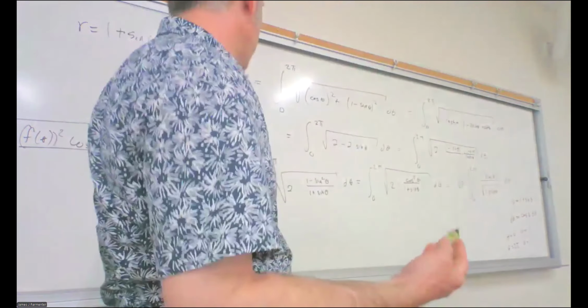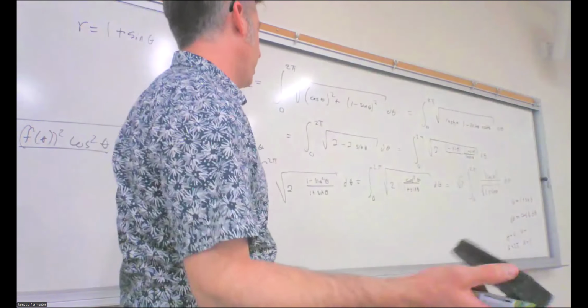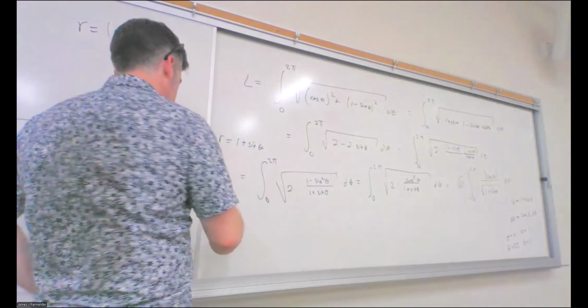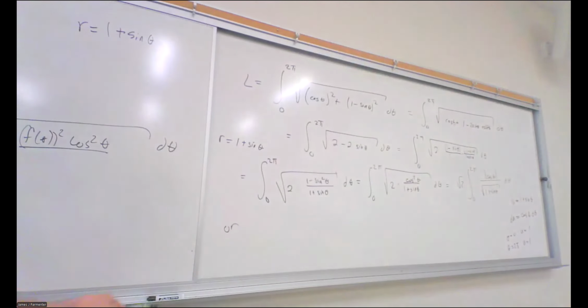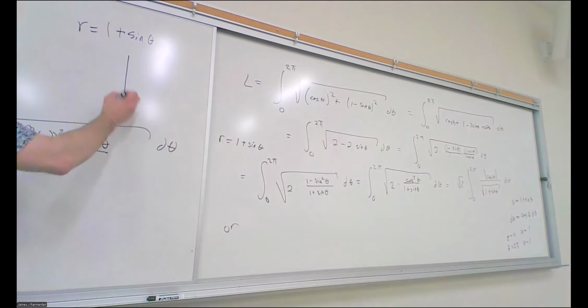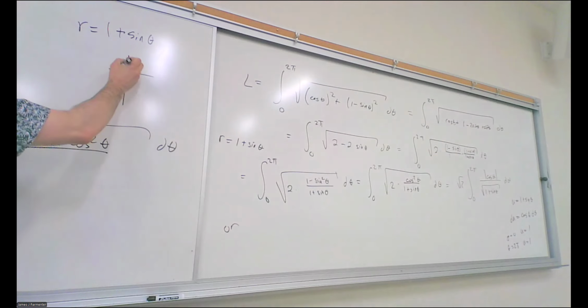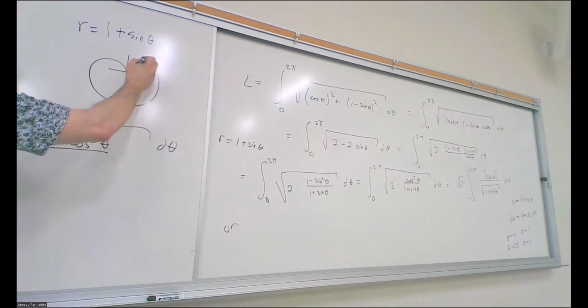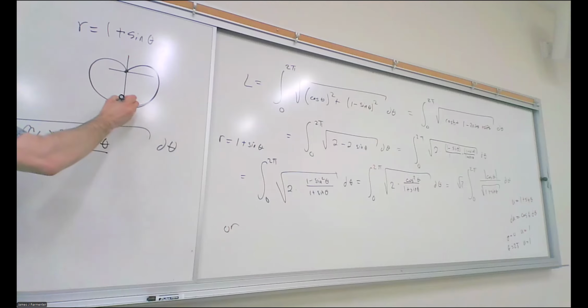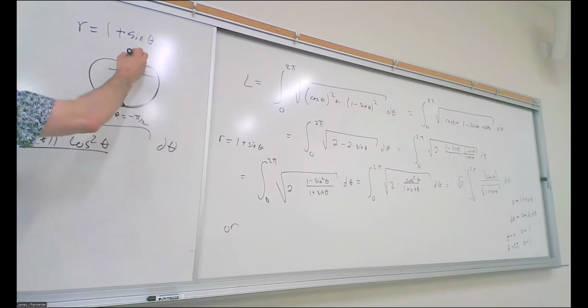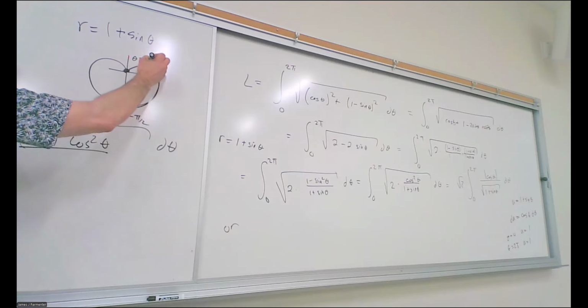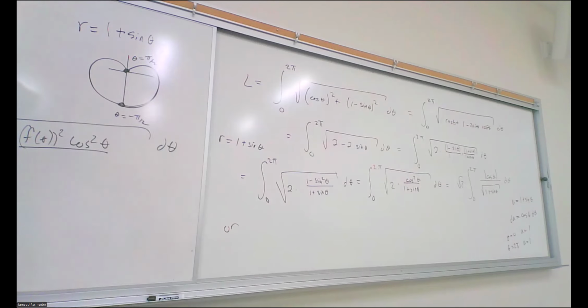So what a smart person did, instead of going from 0 to 2 pi, is they said, well, it's the right half of this cardioid, or it's all of this cardioid. And this right half is actually half, and that goes from theta equals negative pi over 2 to theta equals pi over 2. So then what we're going to do is we're just going to double that.